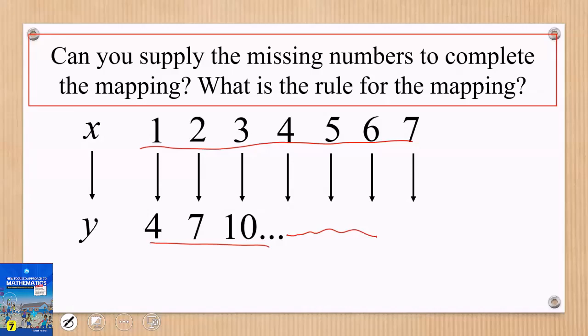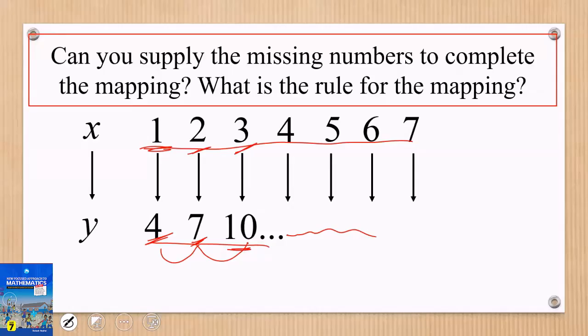Now we can do this by inspection and then provide some kind of symbols to represent it. So let's see, 1 relates to 4, 2 relates to 7, 3 relates to 10. Now look at the Y values. From 4 I go to 7, from 7 I go to 10.